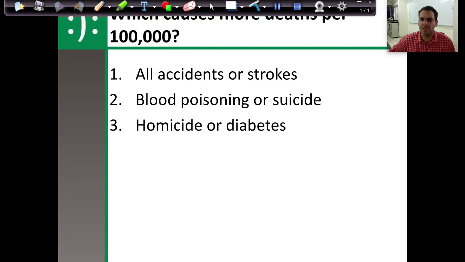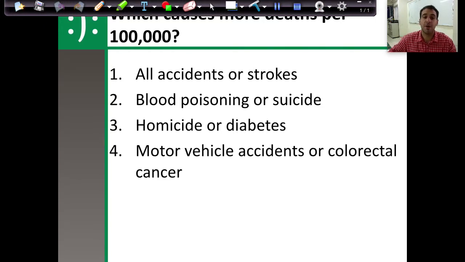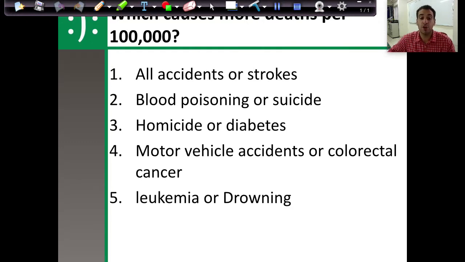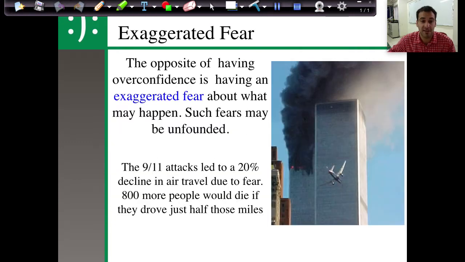Which one is more common? Blood poisonings or suicide? Motor vehicle accidents or colorectal cancer? Which one kills more people per 1,000 deaths? Leukemia or drowning? Which one kills more people per 1,000 deaths?